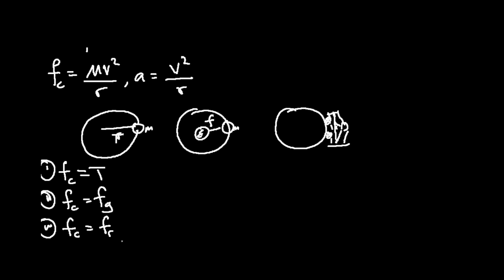Are you getting this now? Let me indicate this with frictional force, mu times R. Now, another case, this one can be Mm over d squared. And this one is mv squared over r.